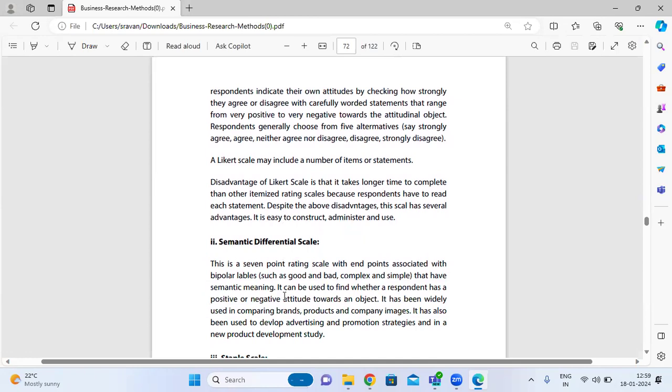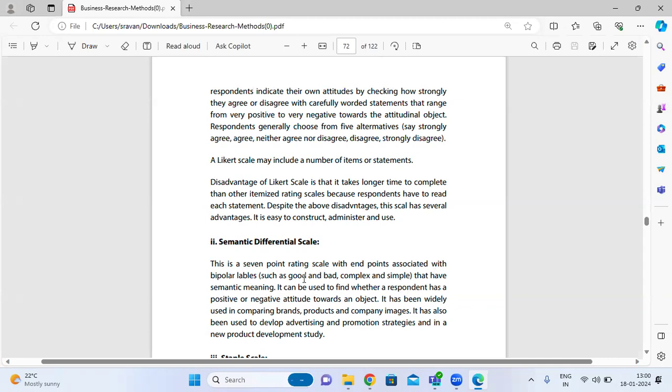Next is the semantic differential scale. The semantic differential scale is a 7-point rating scale with endpoints associated with bipolar labels, such as good and bad, or complex and simple, that have a semantic meaning.